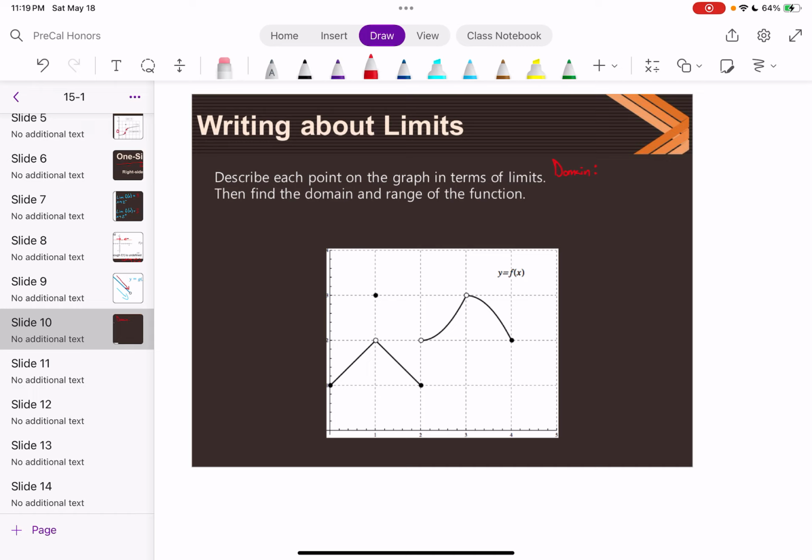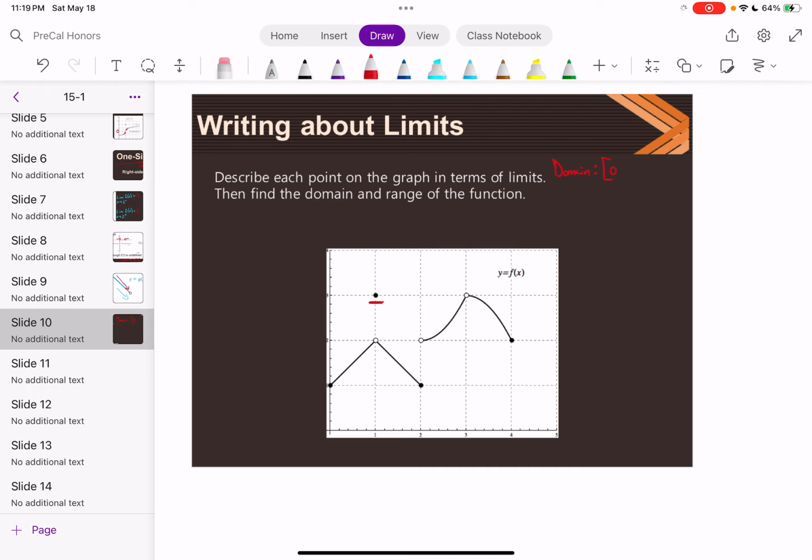So, in this case, looking left to right, notice we are starting off from 0, and we're putting a bracket with the 0 because there is a closed dot. As we work our way from left to right, notice as we hit 1, there is a closed circle at the 1, just not where the rest of the line is. So in this case, because that solid dot is there, it continues with the continuity of our graph. Same thing would occur over here at 2.